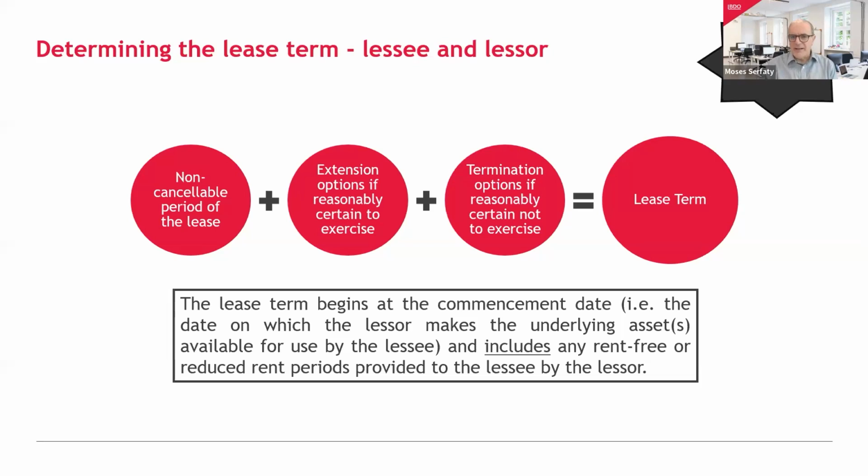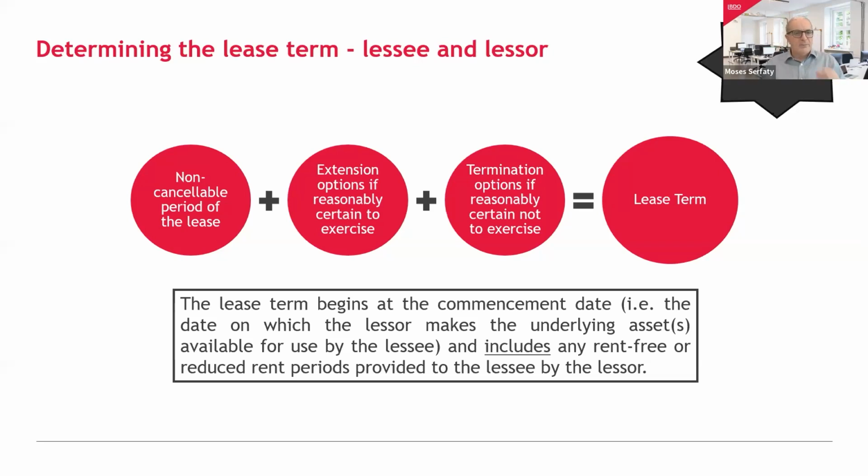Worth pointing out that lessor options to terminate are ignored in the determination of lease term. This is a determination that is made by both the lessor and the lessee from the perspective of the lessee, which is something that sometimes isn't always well understood.